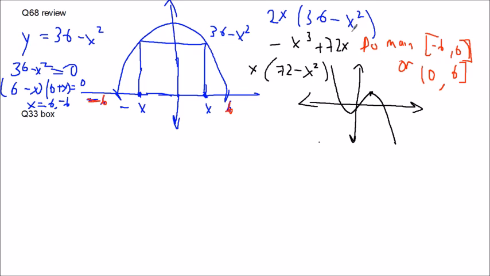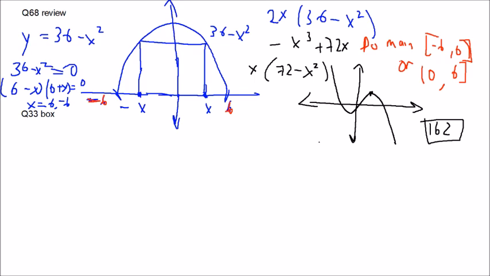So 36 minus 9 is 27, times 6 will give you 162 units squared, and that's our best square. So that's the problem. Yeah, that's my thinking through the problem. It's probably a bad way to think, but whatever.